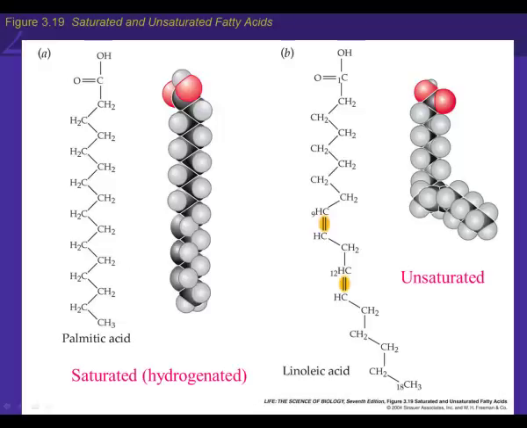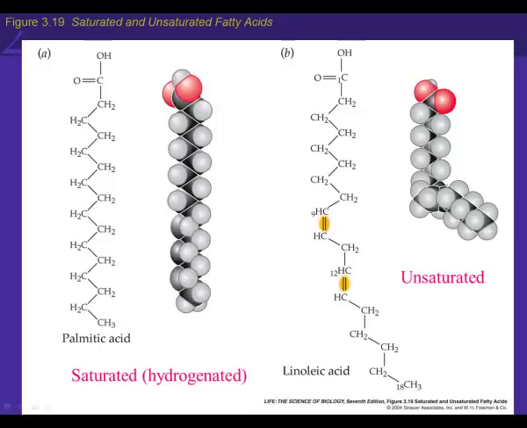We call that saturated. On the right-hand side of your screen, you can see linoleic acid, and this is an example of an unsaturated fatty acid, because you'll notice in the areas that are highlighted in yellow that there are 2 places where there is a carbon-carbon double bond. In that case, those particular carbons are not saturated with hydrogen atoms.